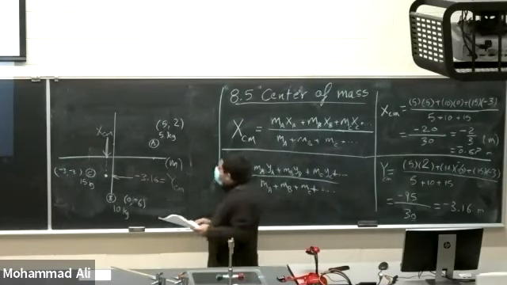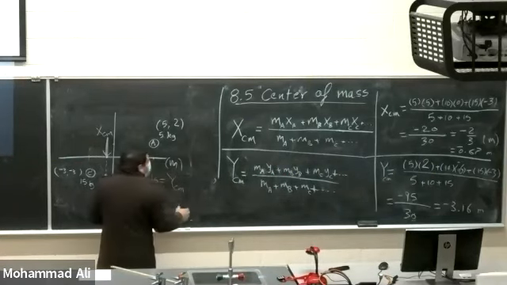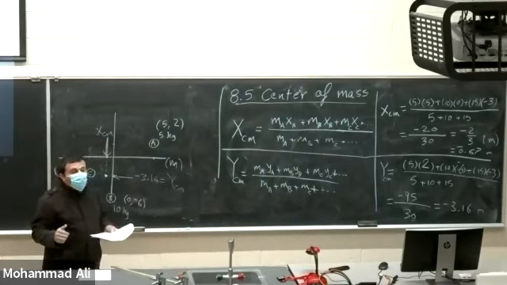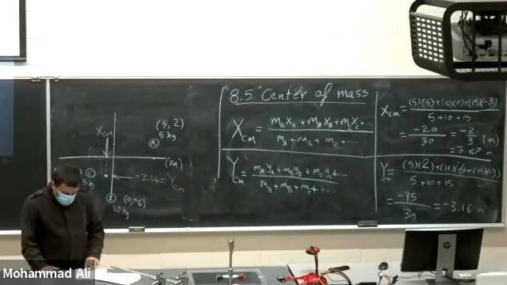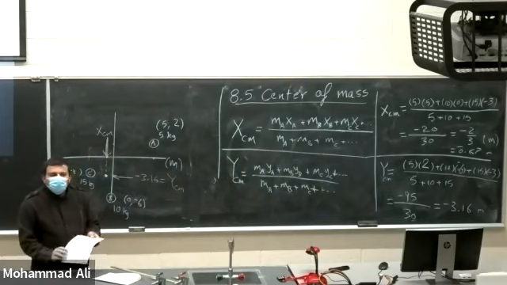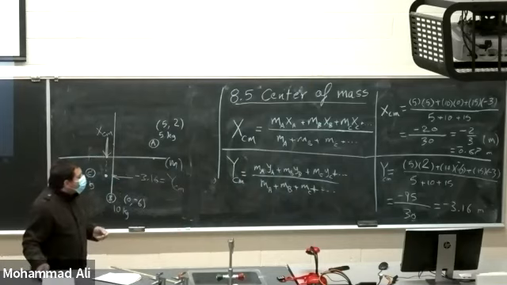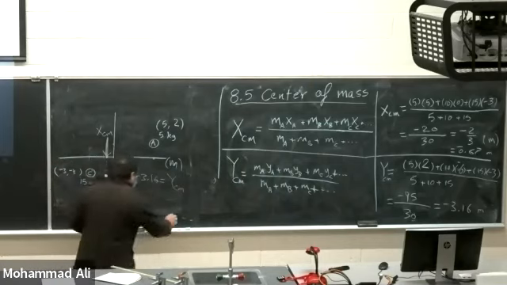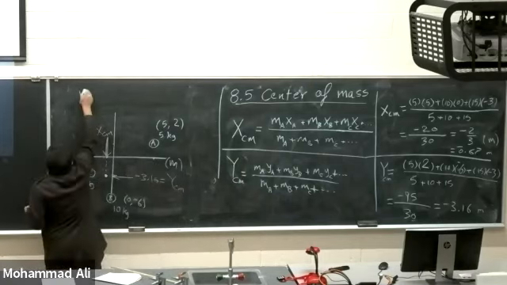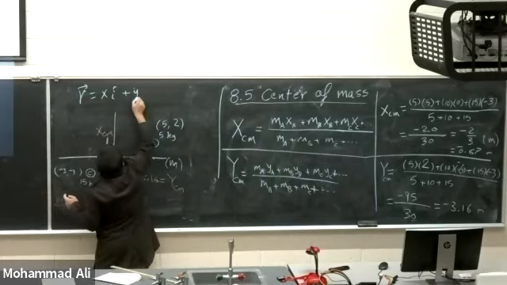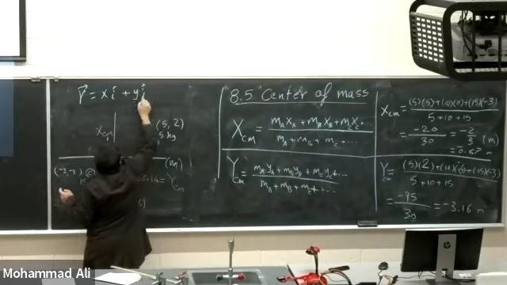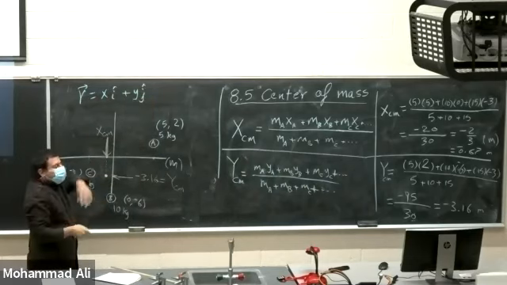Okay. Now, as we know from before about the position vector, the position vector, which is R, is equal to x i hat plus y j hat for anything plus z k hat.